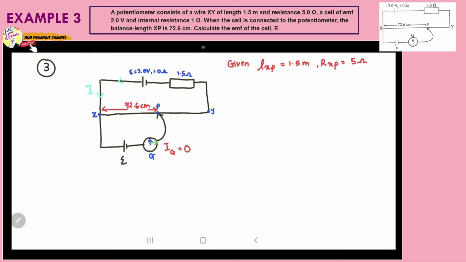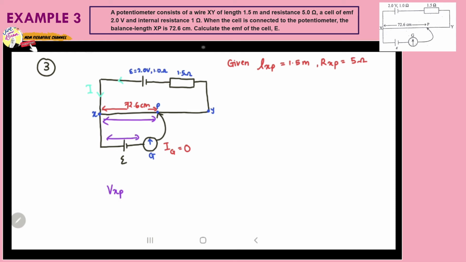So current from here will flow downward and move to the right and reach point P, and current cannot flow through this galvanometer. Why? When the potentiometer is balanced, the voltage Vxp is equal to the voltage of the EMF. And always remember, current will only flow from higher potential to lower potential.